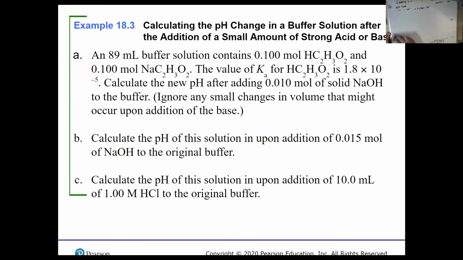But in this case, they're giving us a molarity and a volume of HCl that we're adding to see what the pH change is going to be. So that'll make this a little more interesting. Let's just write this down. So we're going to be adding 10 milliliters of 1.00 molar HCl.